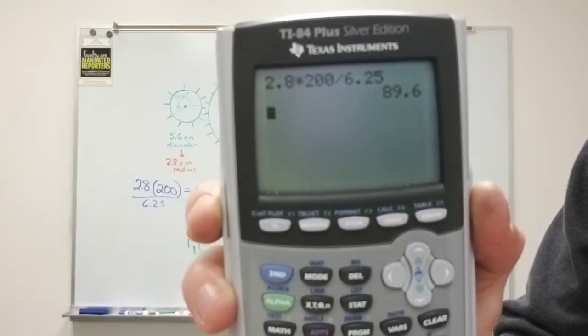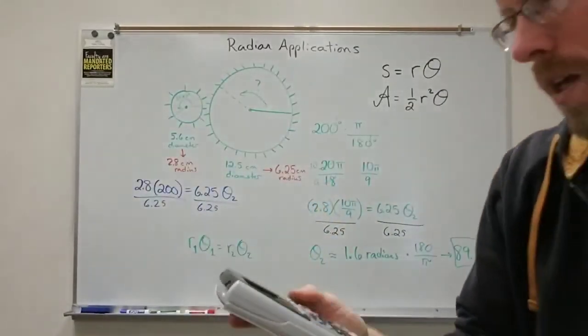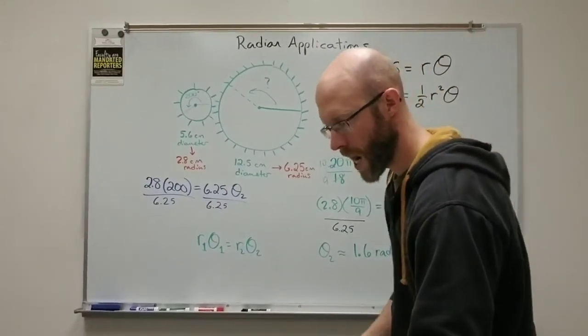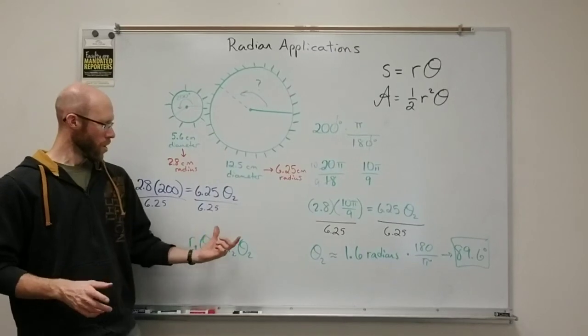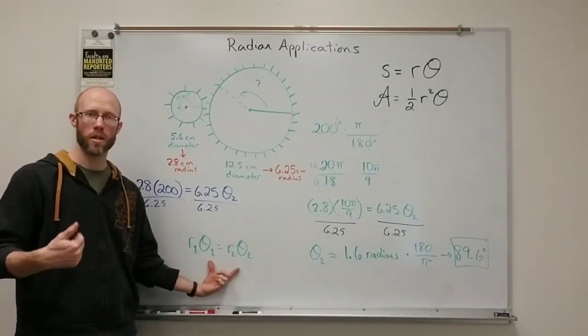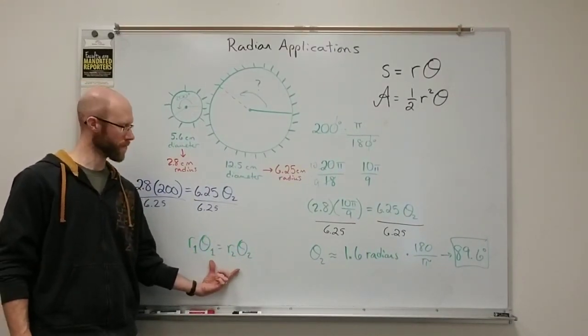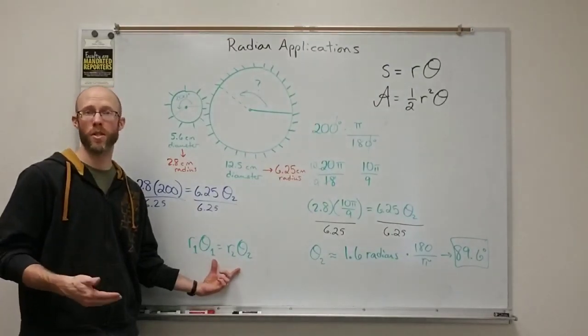Check that out. That worked out really nicely. So it's actually a little faster to not use the radians. Again, that only works when you're setting 2 different arc lengths equal to each other.